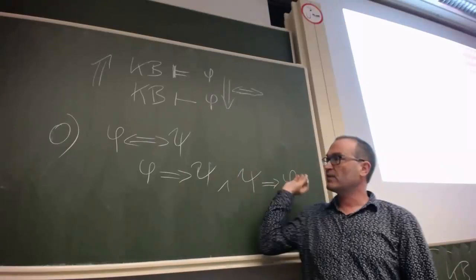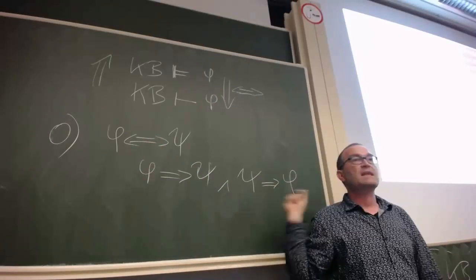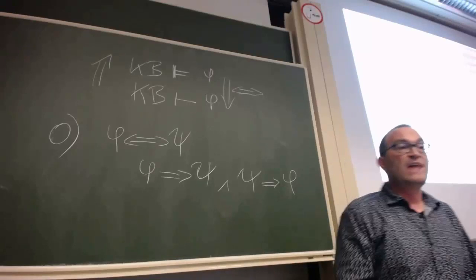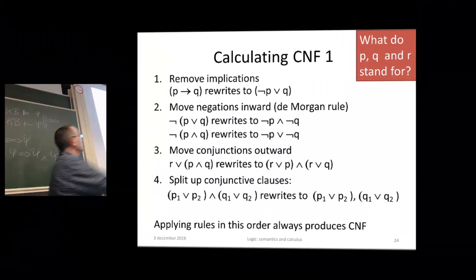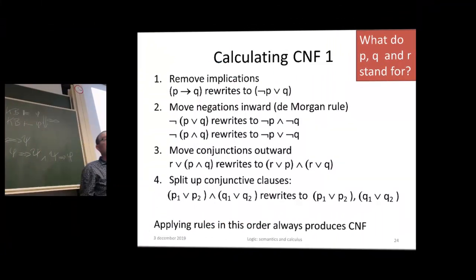So first you get rid of all the equivalences by replacing them with implications. Then you look at P implies Q, and you just replace it by the negation of P or Q. You can prove with your truth tables that they are the same, so semantically it's exactly the same. Here we are just looking at this from an algorithmic perspective. We use this as a rewrite rule from a formula to some other formula. You just replace the one by the other.